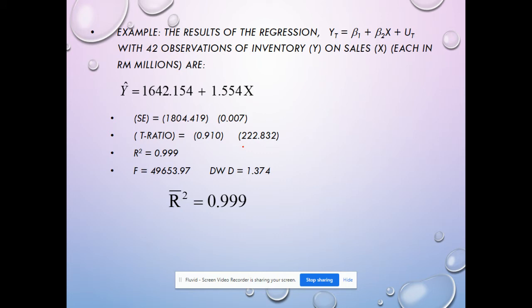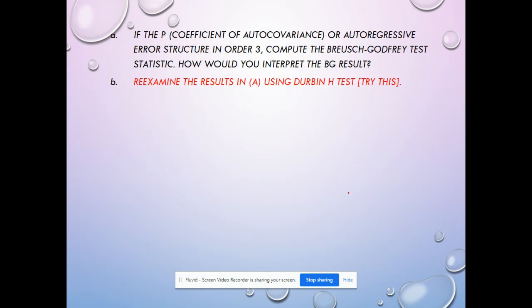For example, this is one example of a regression. This is the result of the regression. This is the Durbin-Watson here. If P, the order of the autocorrelation scheme or autoregressive error structure, is 3, compute the Breusch-Godfrey test. How do we interpret the BG test? The answer is here.